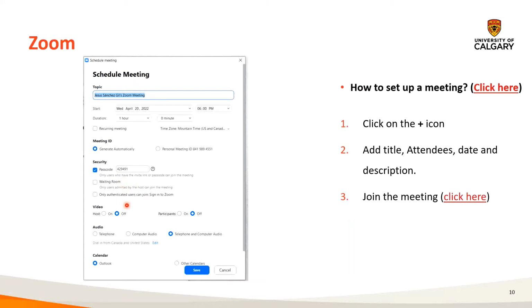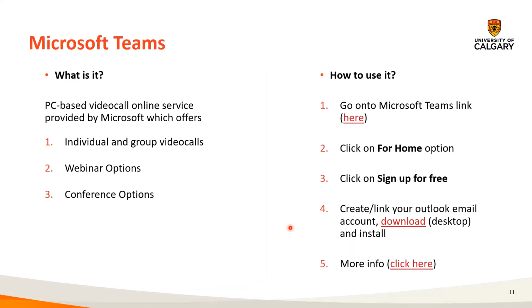When the participants and the host join the meeting, you can choose to enter the meeting with the video and the audio on or off. And also there are some other functionalities, such as which calendar you want, as well as the other users to add to the meeting. So we will see this later on the on-site demonstration.